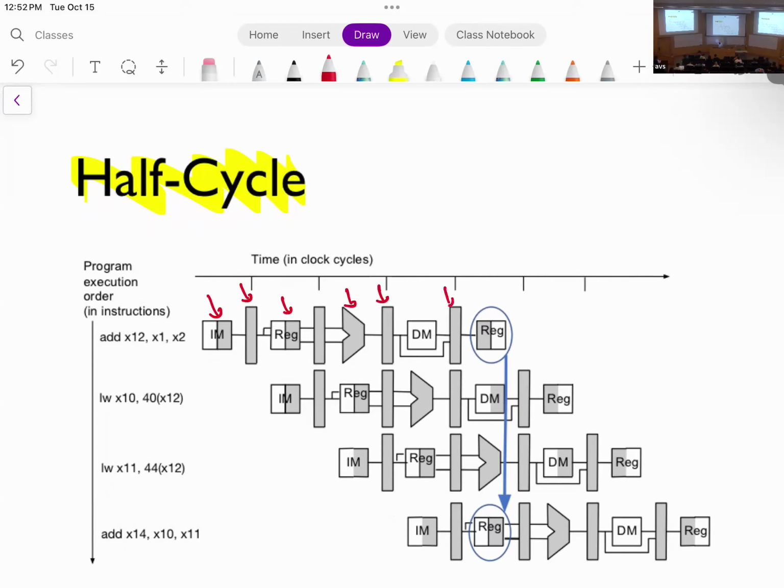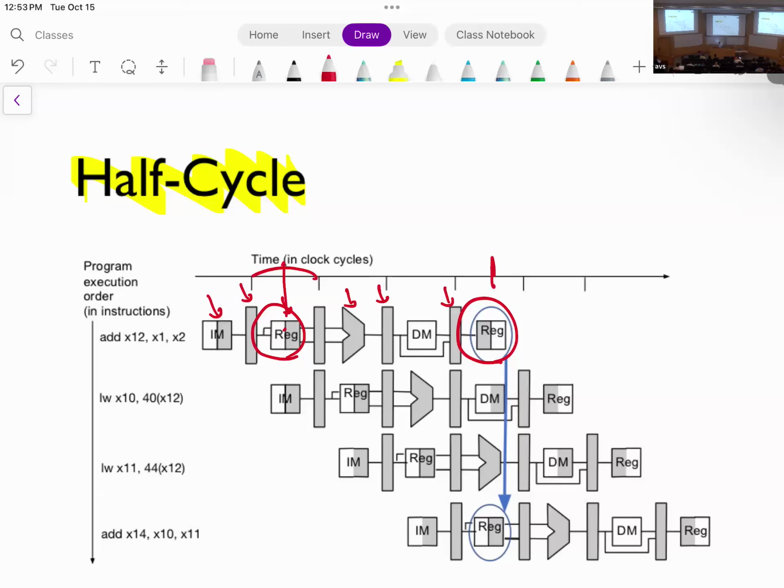The gray means that that unit is active, is being used, okay? As you can see, this register file and this register file have different shades. The first one happened at the second half of the cycle. So if this is a full cycle, this is half of it.